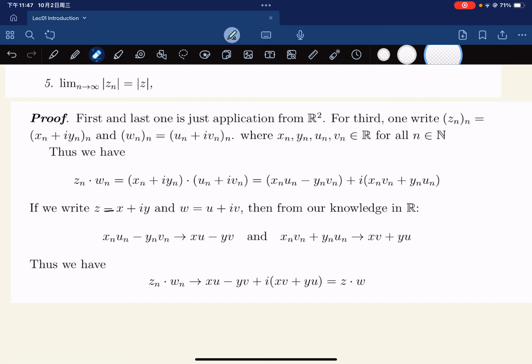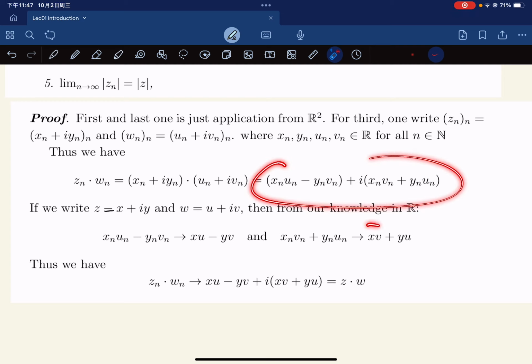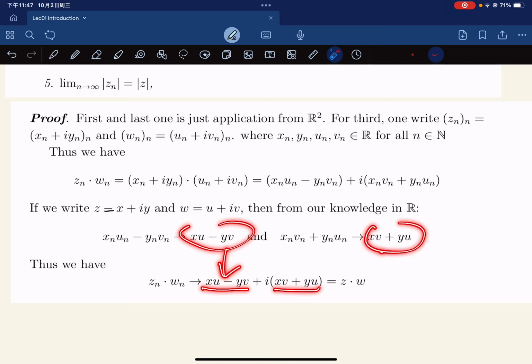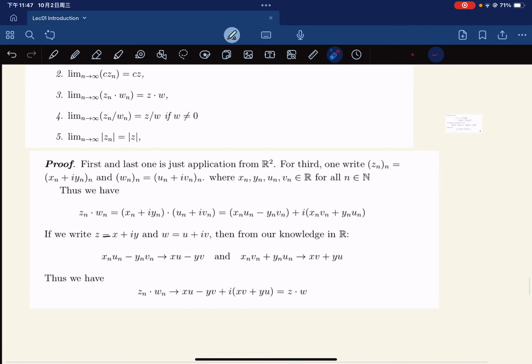So now we have this is true, and then we have the component sequence thing, right? So this actually converges to this plus i times this, right? Zn times Wn. And this is precisely Z times W, right?